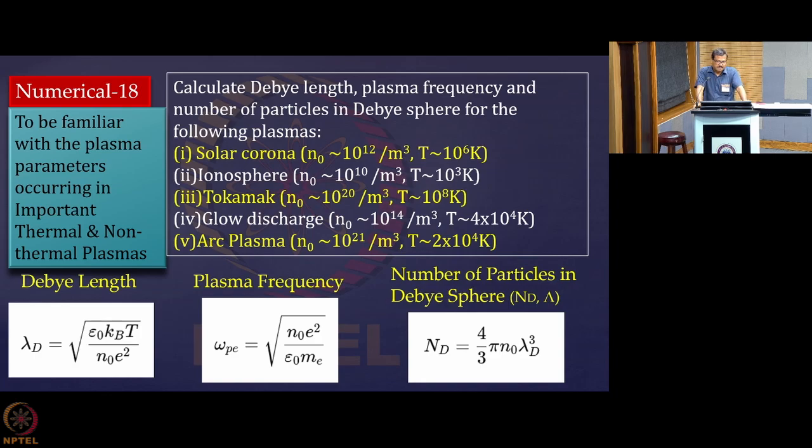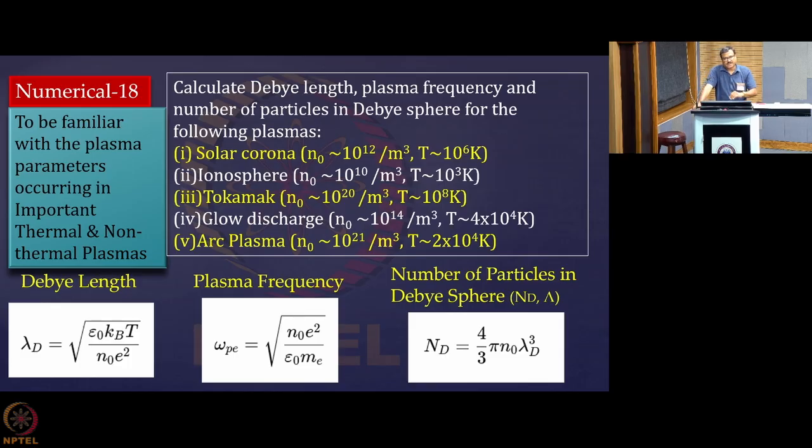Then the ionosphere, the space above our atmosphere, and tokamak plasma, the fusion, the talk of the town, and glow discharge we often encounter in the laboratory, and arc plasma, the processing plasmas, very regularly used in various industries.